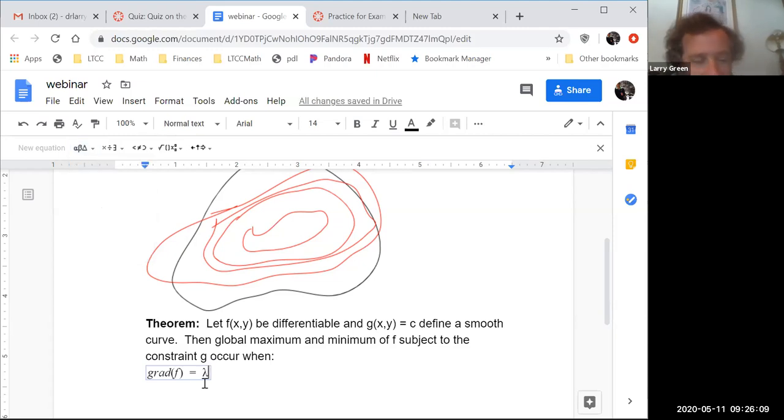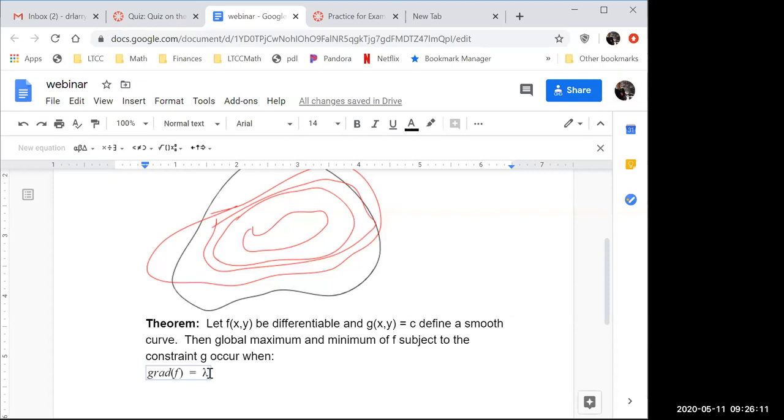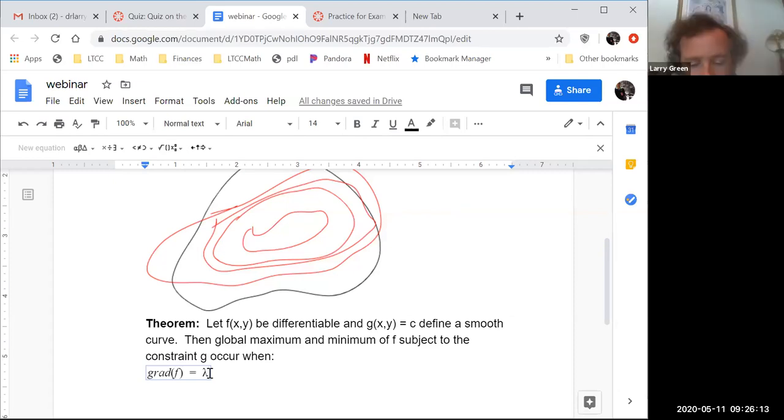Do you know what you call that one? Lambda. So lambda times grad of g. So the gradient of f is a constant multiple of the gradient of g, okay? Which is another way of saying that the vectors, gradient of f and gradient of g, have the same direction or opposite directions. It can be multiplied by -1, too.